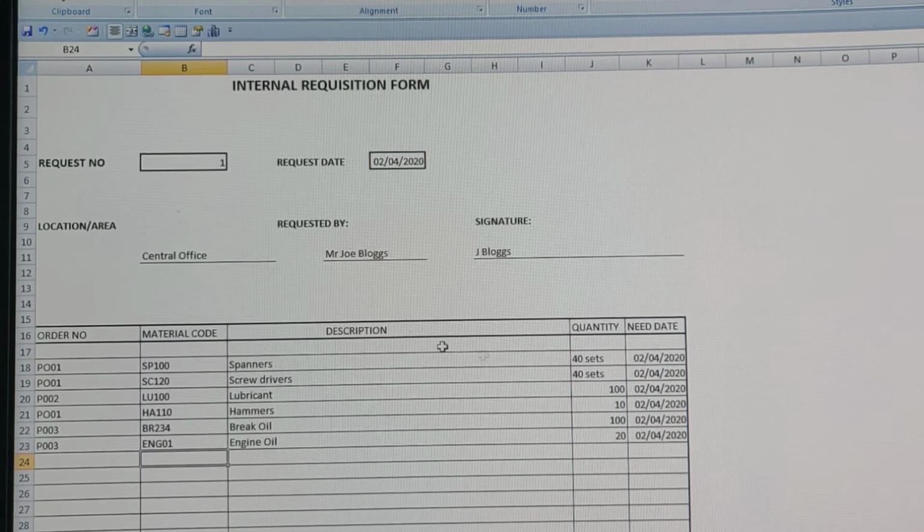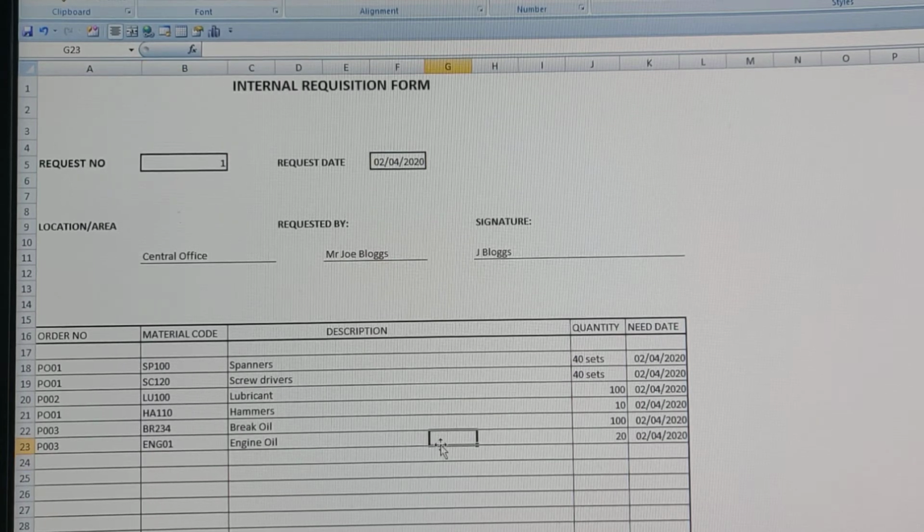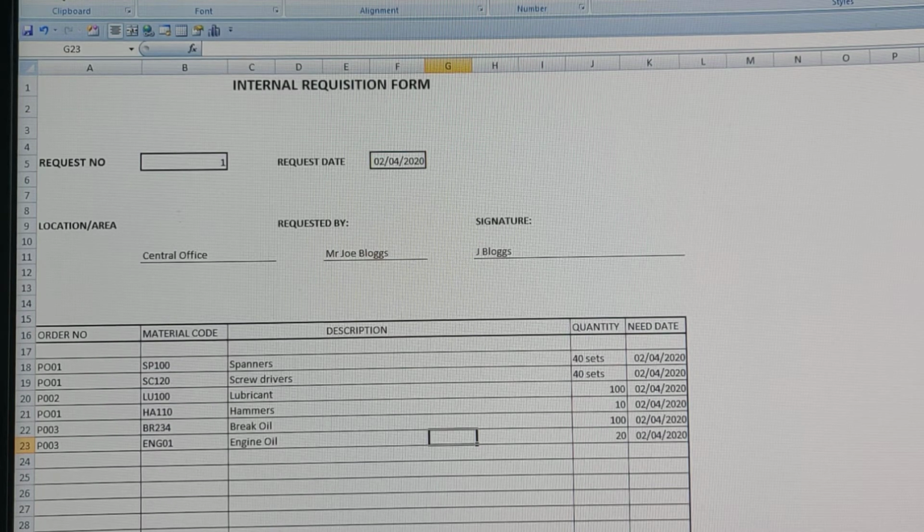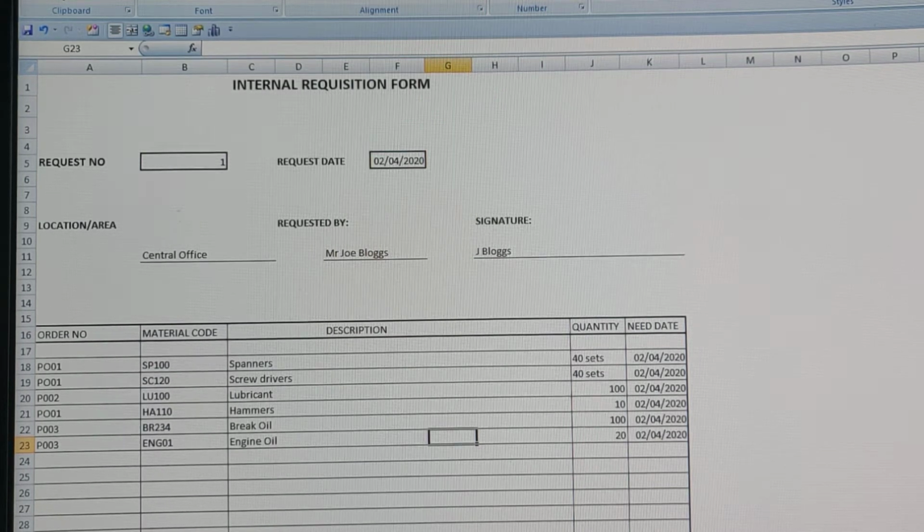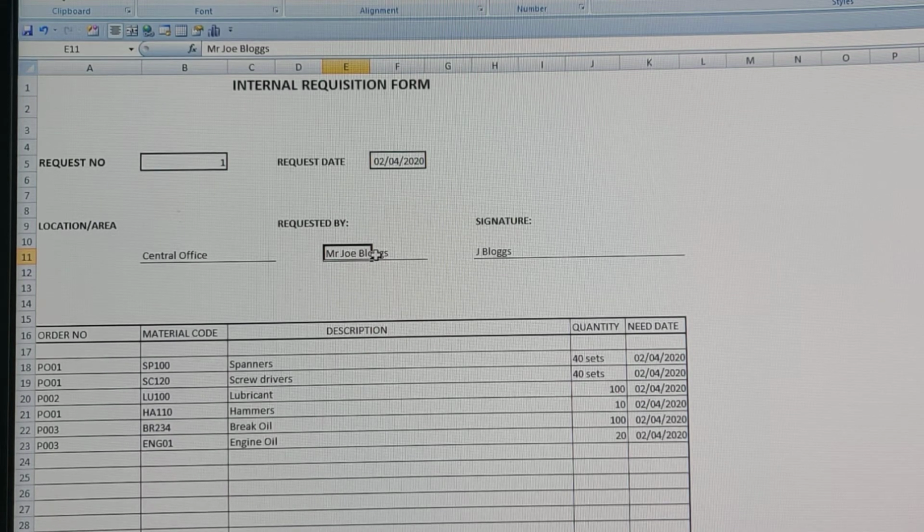Now, to complete this internal requisition form, they checked their store that these goods were not already there. The internal requisition form was completed by Mr. Joe Blocks himself. He asked all the managers, the departmental heads, to let him know what they needed.